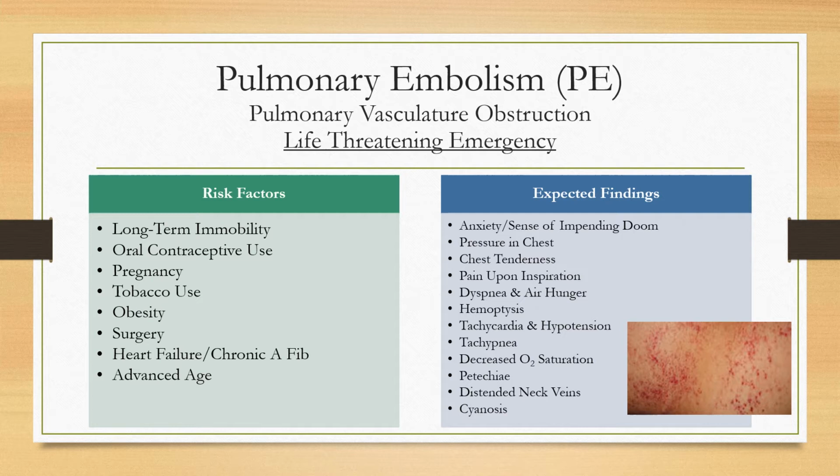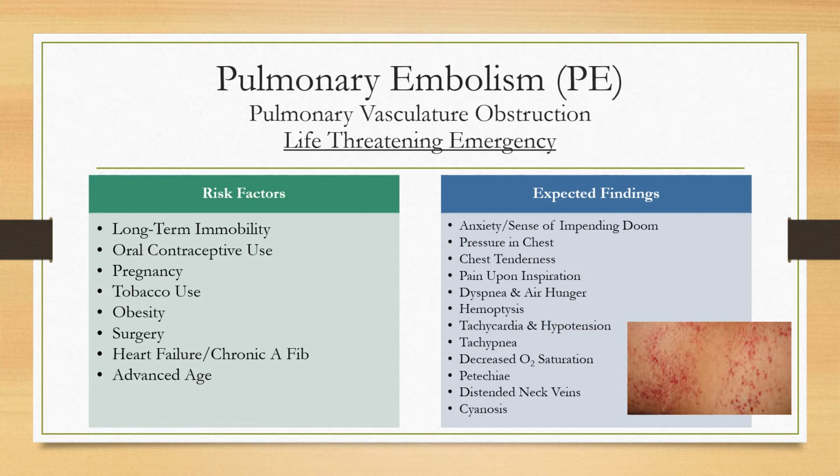Okay, so shortness of breath, pleuritic chest pain, they can be hypotensive, tachycardic, okay, because the heart is now having to pump more because it's trying to get around this blockage through other vessels in the lungs.